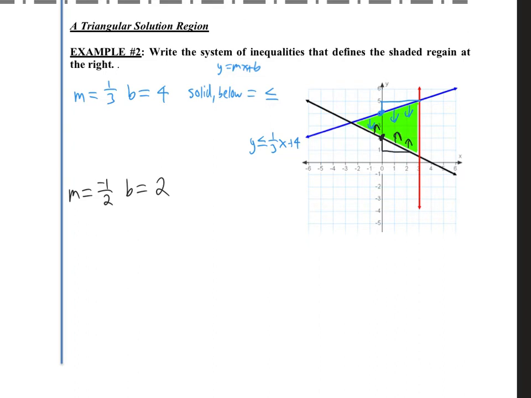So it's solid and above. Which means, what kind of inequality do we have? Well, it's above, so it's going to be greater than. And it's solid, which means it's equal to. So the black line is going to be y is greater than or equal to negative 1/2 x plus 2.